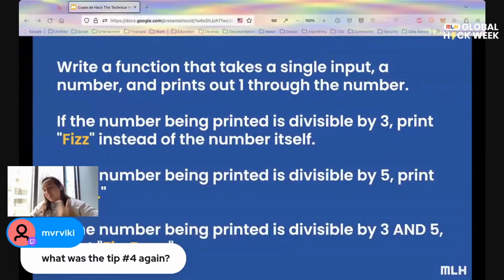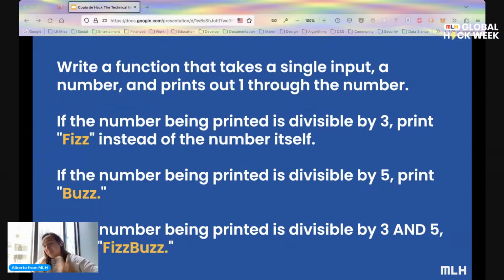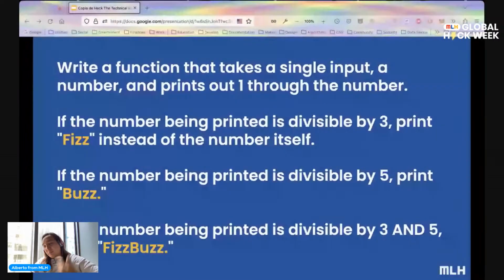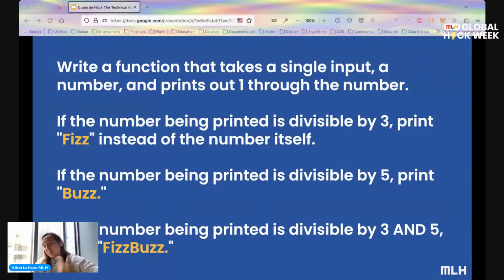So back to FizzBuzz. We know now the instructions, so let's apply our first tip. Let's ask some questions, right?